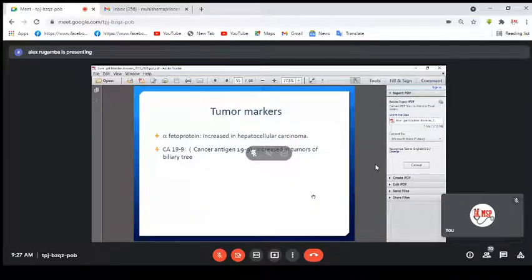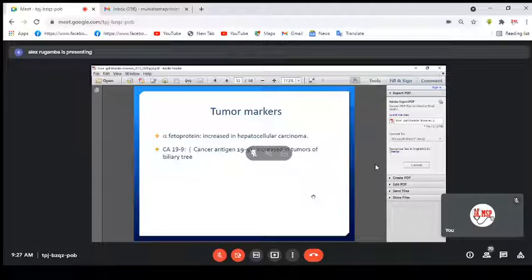The tumor markers are also tested. Tumor markers are proteins that are raised, and this may indicate that there may be a tumor. That's why we call them tumor markers. In the lab, we may measure these tumor markers to assess whether someone may develop a tumor.